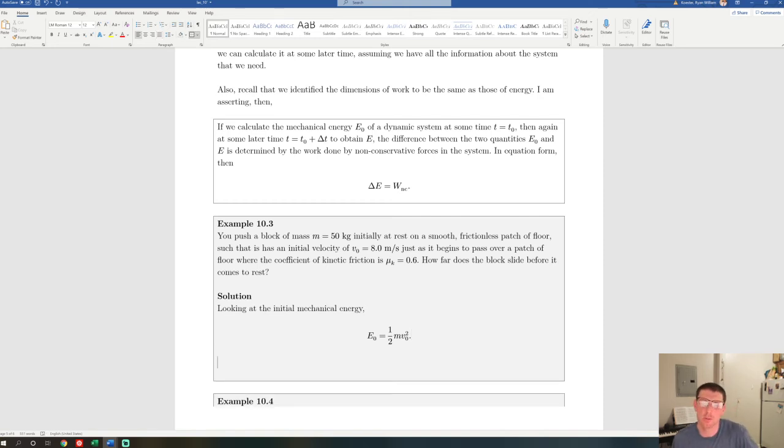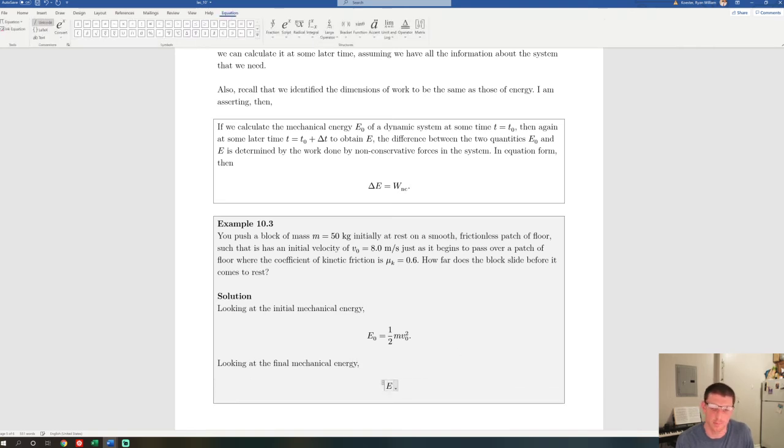So let's think about the final mechanical energy. We're now thinking about when the box has come to rest. So looking at the final mechanical energy, it's just 0, because there is no longer any kinetic energy, and I'm not including the gravitational potential energy, for a good reason.